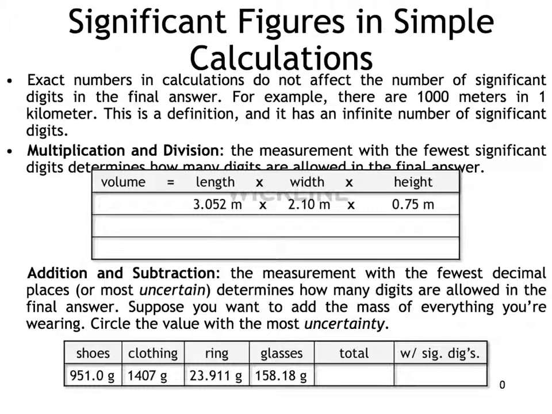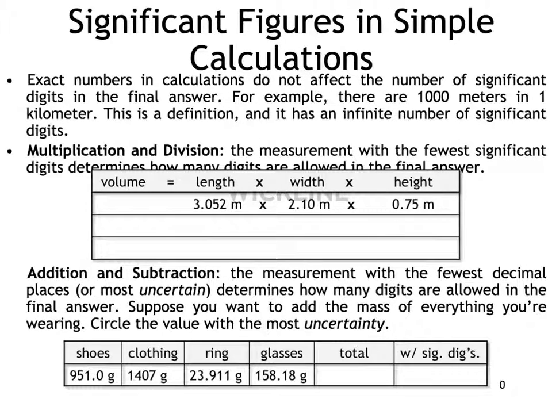So starting with this first question, which is just calculating the volume of something. Pretty simple equation. You just need to do length times width times height. When you're doing these multiplication questions, this will go for division as well.